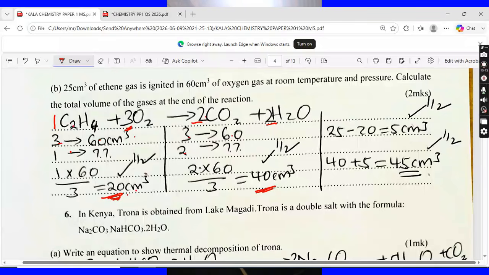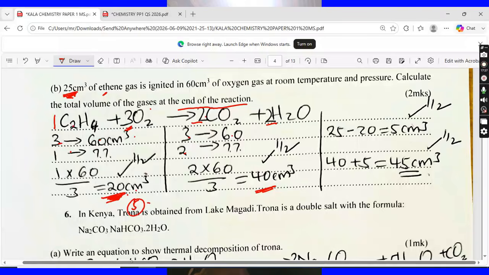You see that? But now the question is, calculate the total volume of gas at the end of the reaction. Remember we added 25 cm³ of ethene at the beginning, but we have used only 20 from the Gay-Lussac's law calculation. So there is 5 cm³ of ethene remaining, which is unreacted.